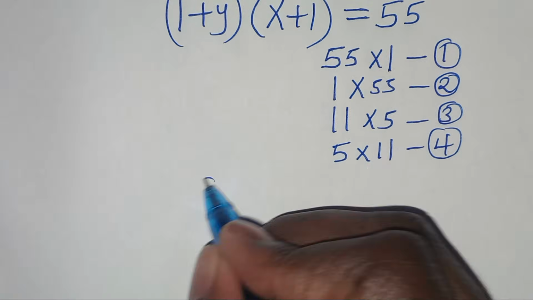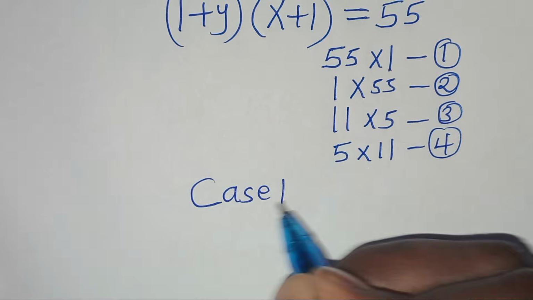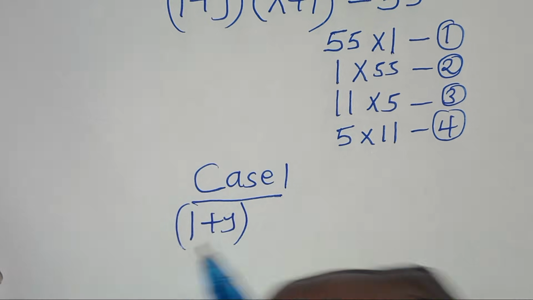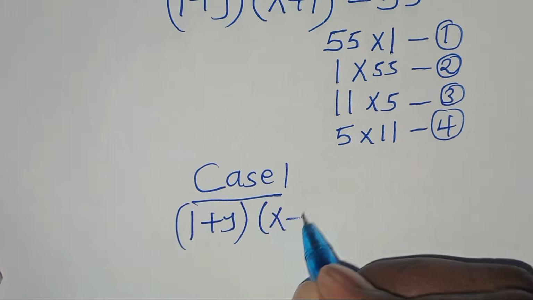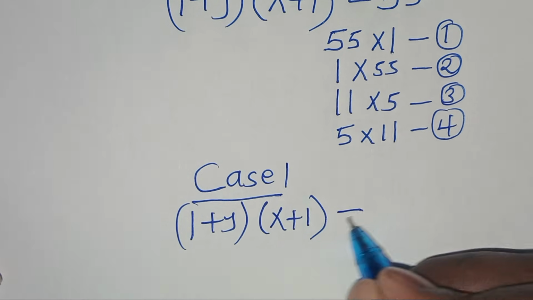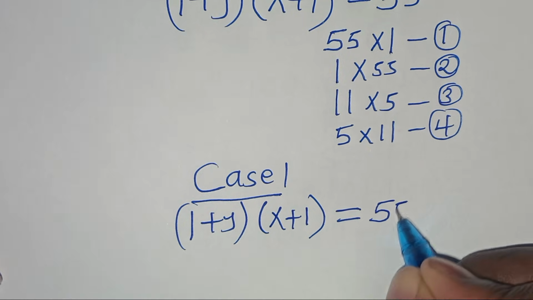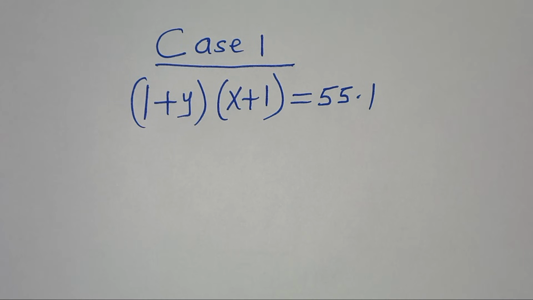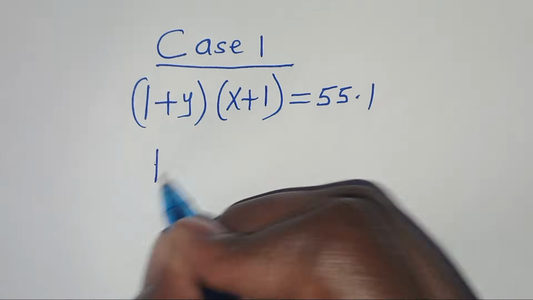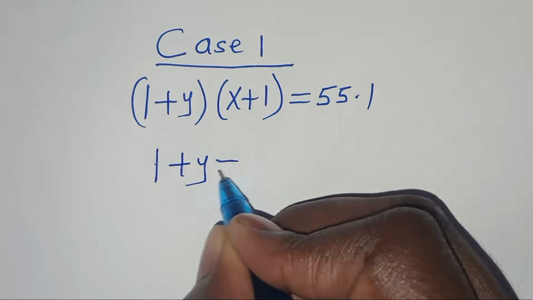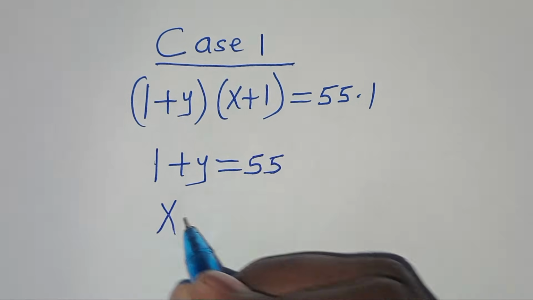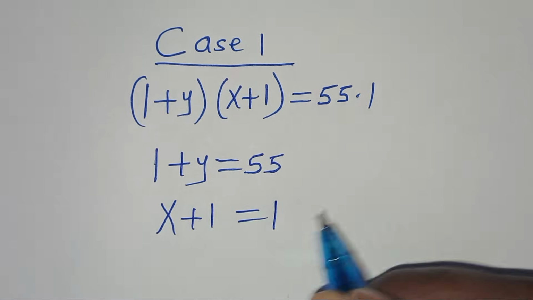In case 1, we have (1 + y)(x + 1) = 55 times 1. Now this implies that 1 + y = 55, and x + 1 = 1.